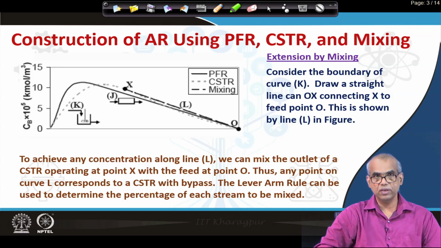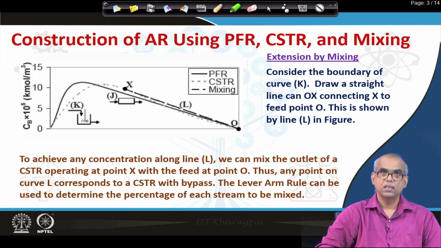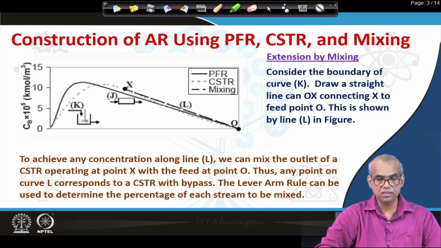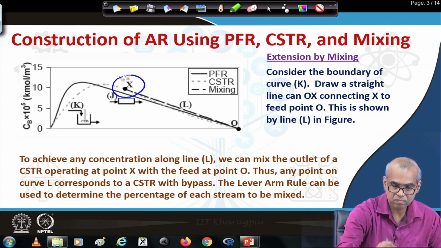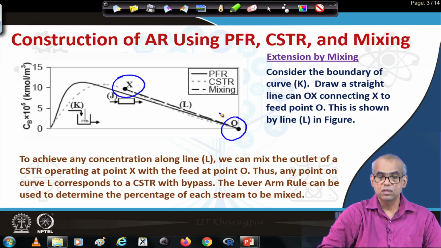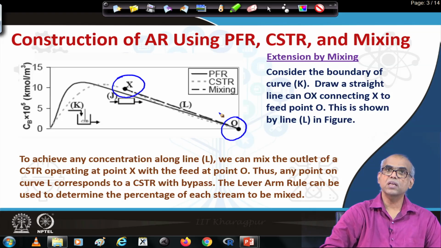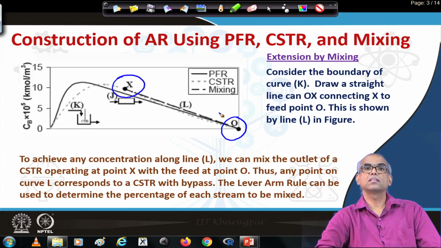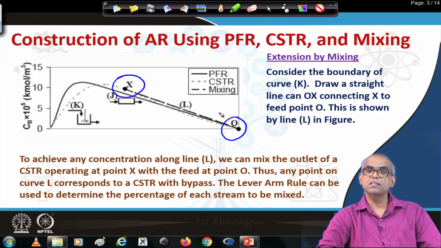So, to achieve any concentration on line L, we can mix the outlet of the CSTR operating at point X with the feed point represented by O. So, any point on L, which will represent the concentration of a mixture, can be obtained by linearly combining the state at X, which is nothing but the effluent stream from the CSTR, with the pure feed represented by point O. Thus, any point on this line L corresponds to a CSTR with a bypass.